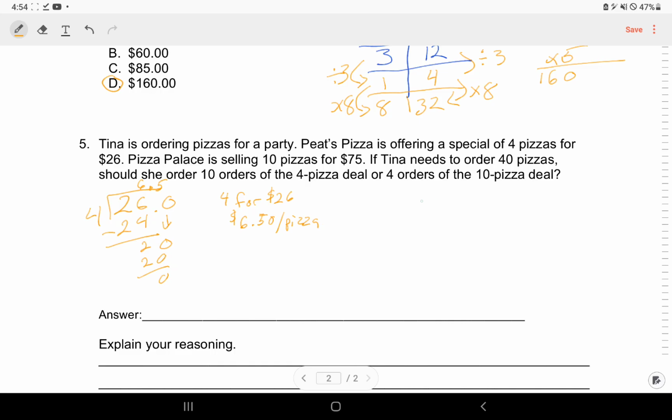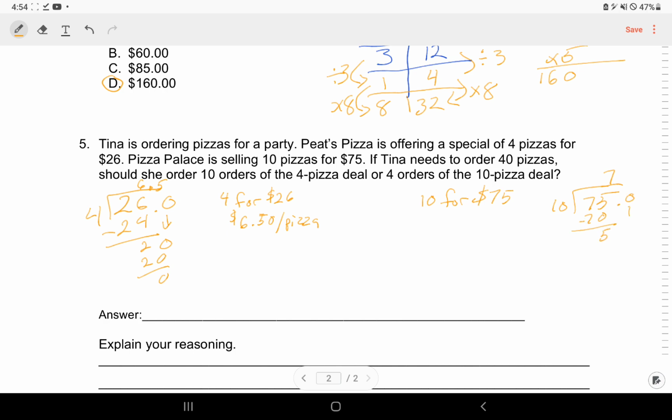The 10 for 75, well, that's 10 into 75. Well, it doesn't go into 7, but it goes into 75 7 times.